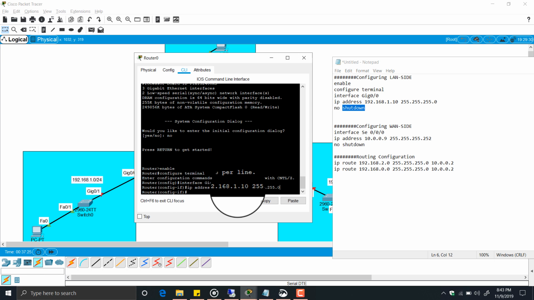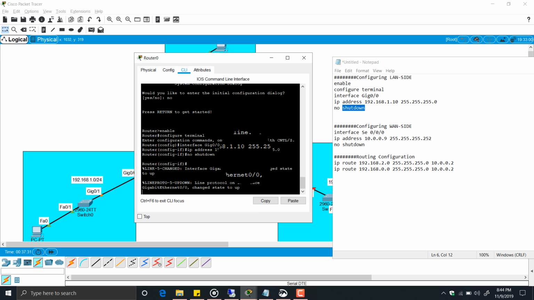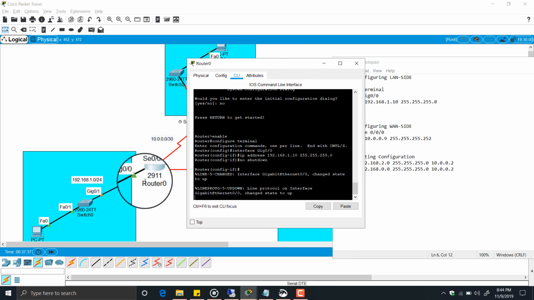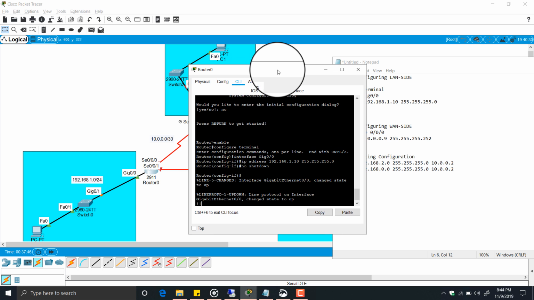We are going to bring it to a no shutdown state, which is like turning it on. So when the interface is turned on on both sides, it's going to give a green signal, right?